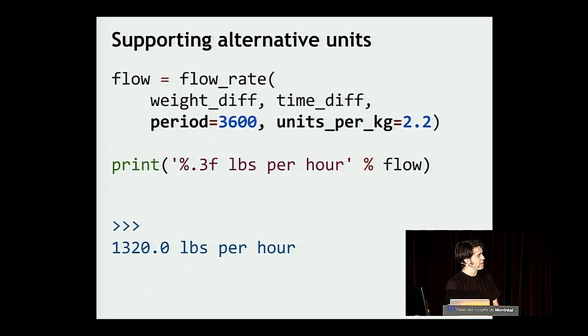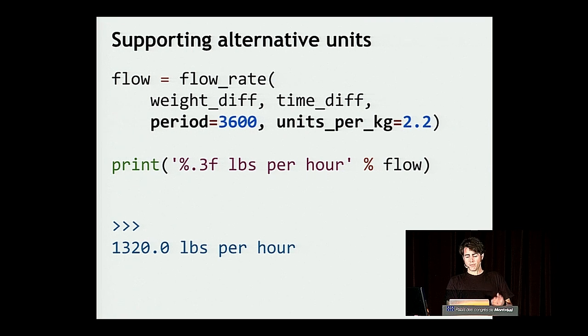So I can put this to work now using some extra parameters. Here I have keywords in there to make it really clear what I'm trying to do. And you'll see, so now I pass in 3,600 seconds for an hour and 2.2 pounds per kilogram. And I get out the same numbers as before: 1,320 pounds per hour is the flow rate in another set of units.